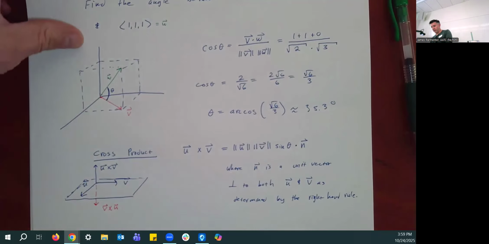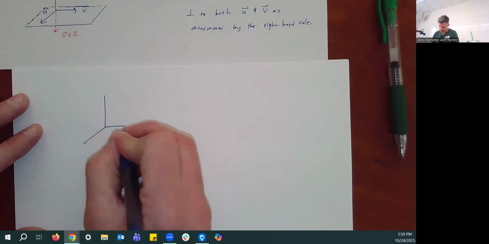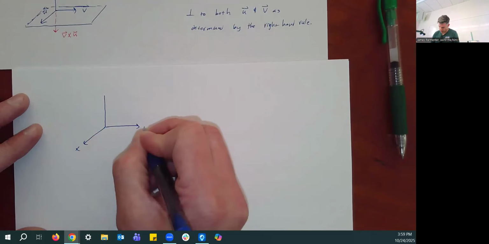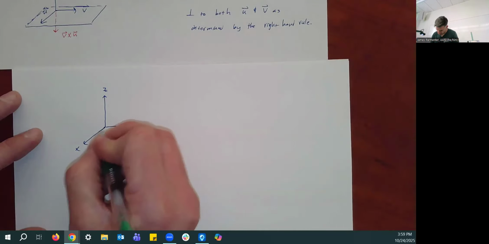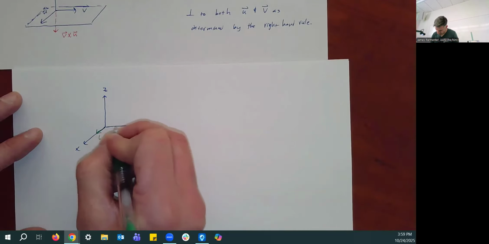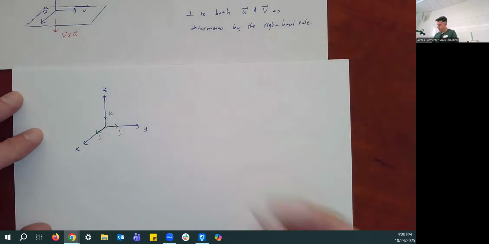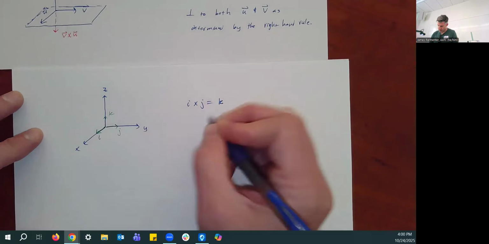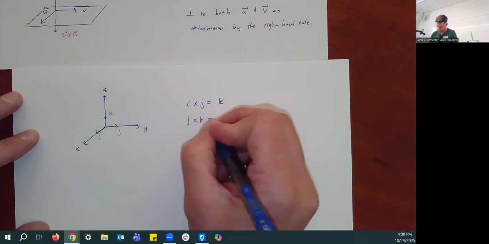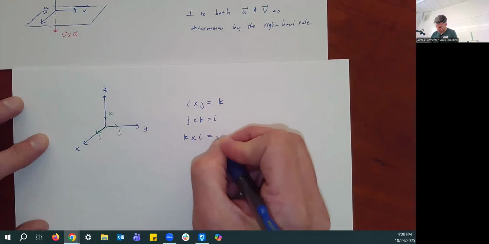I'll say one more thing and then I will stop. I'll point out that for your unit vectors in the x, y, and z direction, i, j, and k, it's going to be the case that i crossed with j is equal to k, j crossed with k is equal to i, and k crossed with i is equal to j.